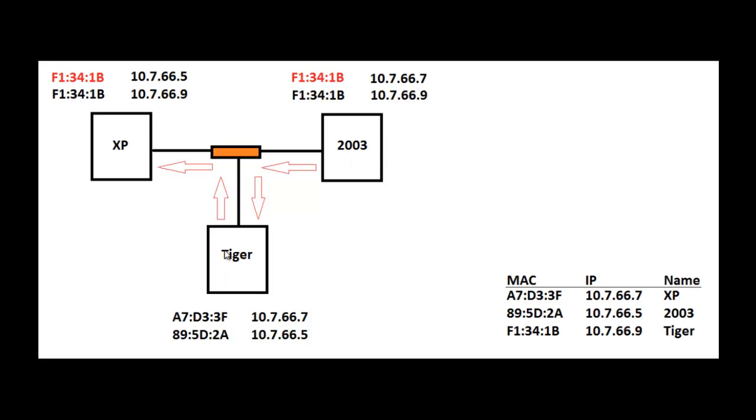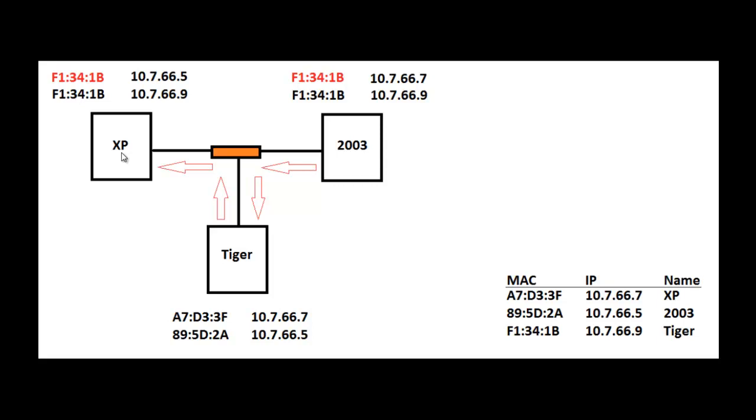So we're going to use software to make this a lot easier. The software is going to automatically spew out all of the invalid MAC addresses. And the way that it works is the Tiger box is going to poison the ARP stream faster than the XP is actually updating the ARP request. So the XP may actually say, hey, this is my MAC address.